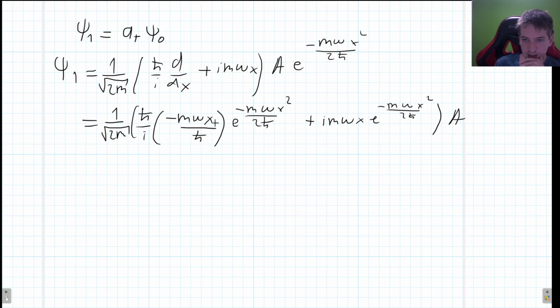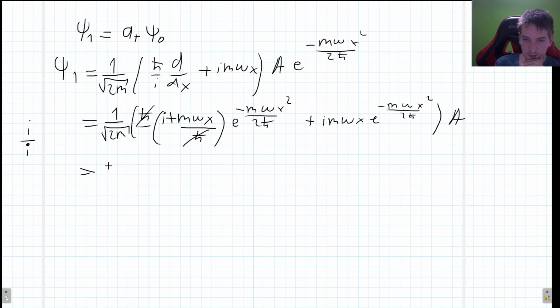But here, let's take a look at this. If you multiply this by i divided by i, then this minus sign will be plus, and there will be an i right here. You can just check that right away. Just multiply up here and down here by i, and this h bar cancels out this h bar, so we just get plus i m omega x times this exponential, which is the same that we have here.